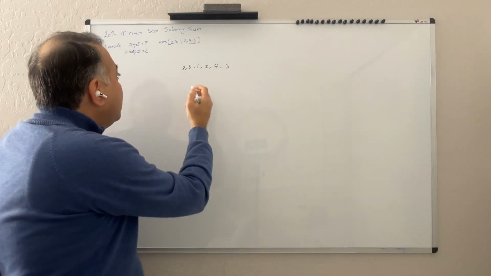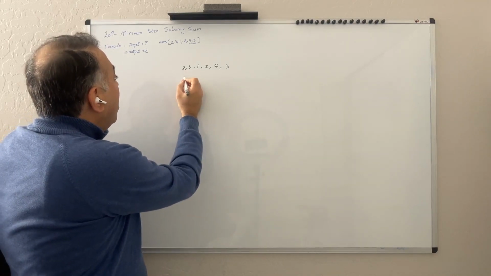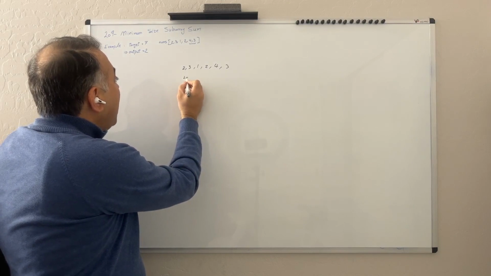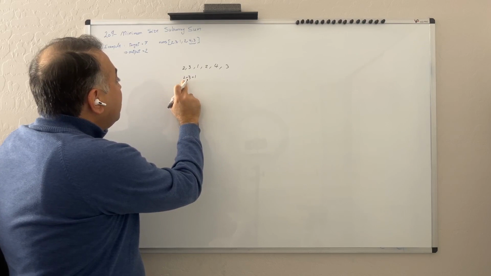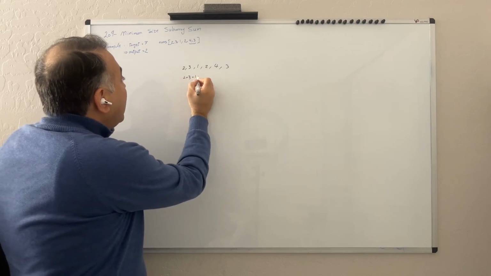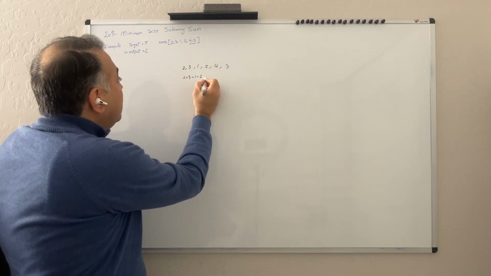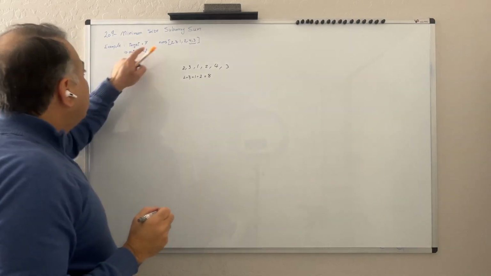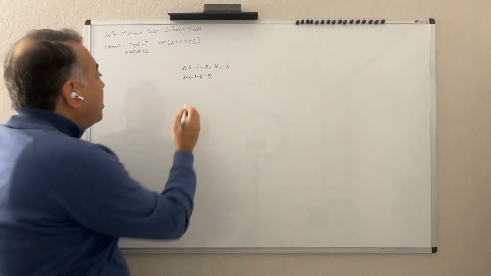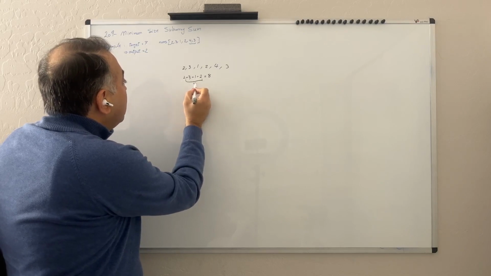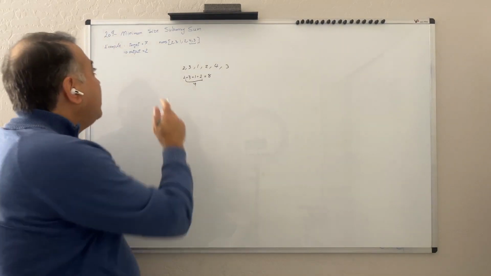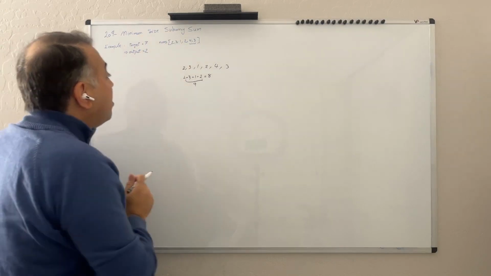For example, I'm starting from 2, then adding 3, then adding 1. We have 5, then 6, and if I add 2, it equals 8. It's greater than the target, but I used 1, 2, 3, 4 entities. I need to find the minimum size of subarray.